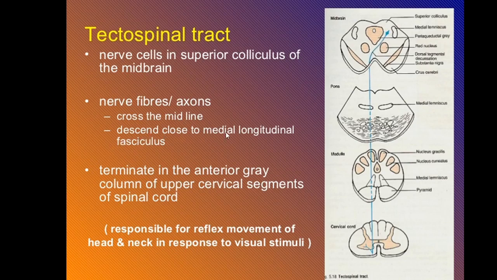Then they descend close to the medial longitudinal bundle. In the pons, it terminates in the anterior gray column of the upper cervical segments of the spinal cord. It is responsible for the reflex movements of head and neck in response to visual stimuli.